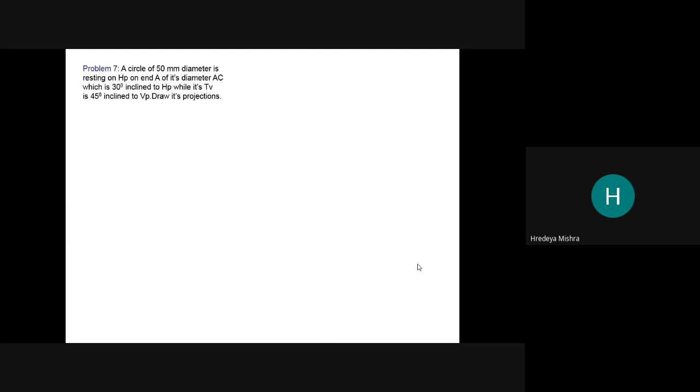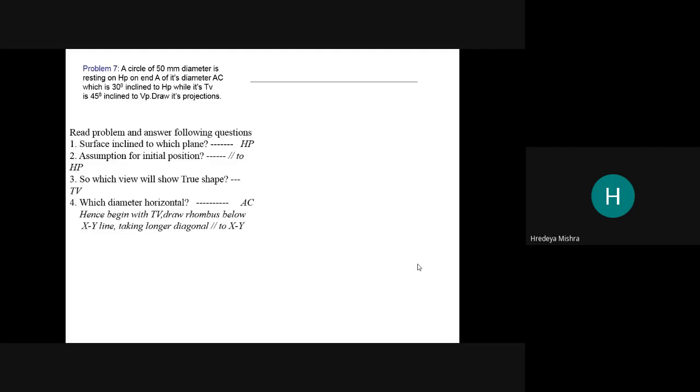Now what happened? You have to ask a few questions. Read the problem. The surface is inclined from which plane? The surface is inclined to the horizontal plane. So our initial assumption is that the surface is parallel to the horizontal plane.